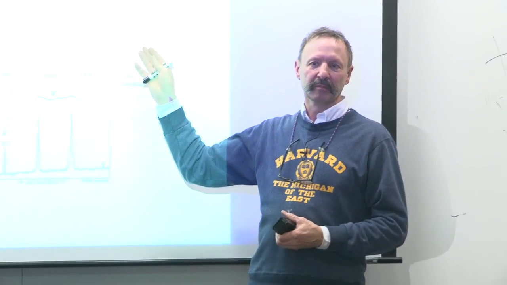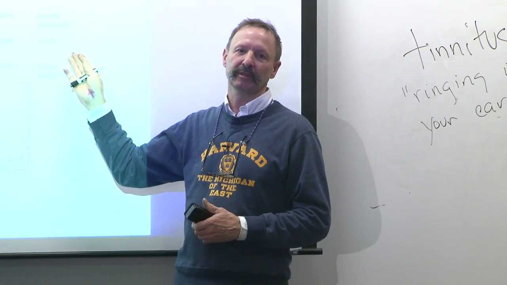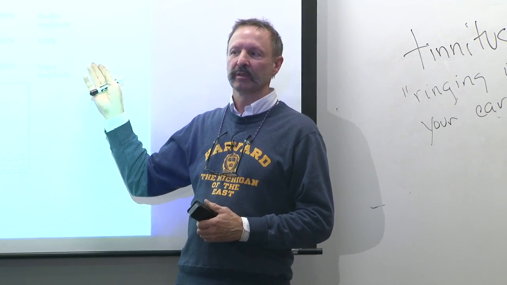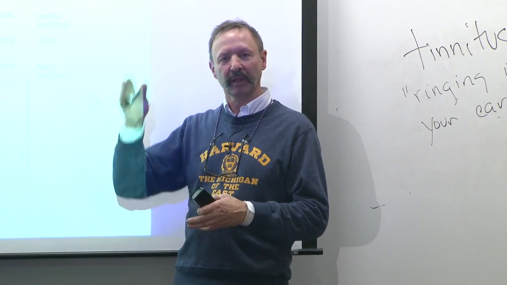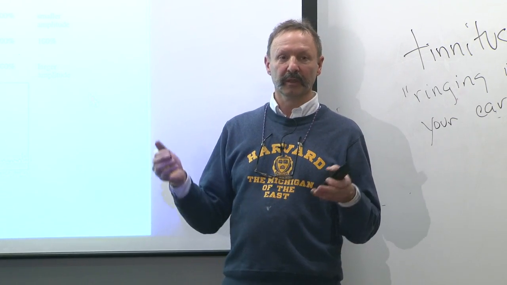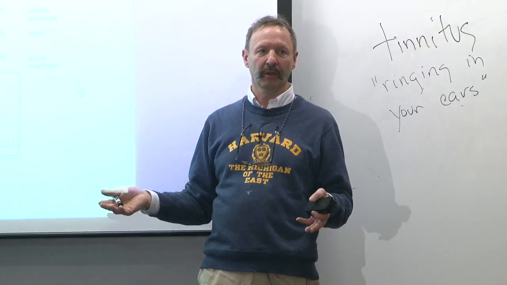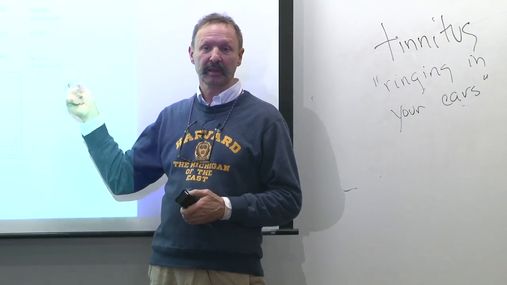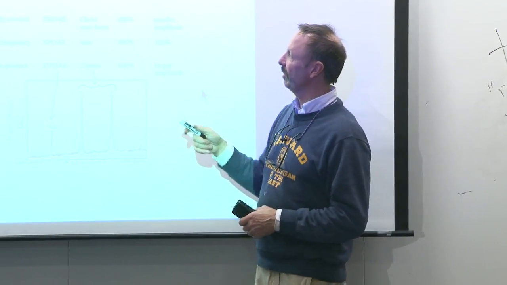Otoacoustic emissions are associated with normal hearing, normal outer hair cell function. They're sometimes used as a clinical test for hearing in patients who can't raise their arm. For example, in most states like Massachusetts, you have to, by law, test newborns for good hearing. Otoacoustic emission test is one. So how does that work if only 50% of the people have them?